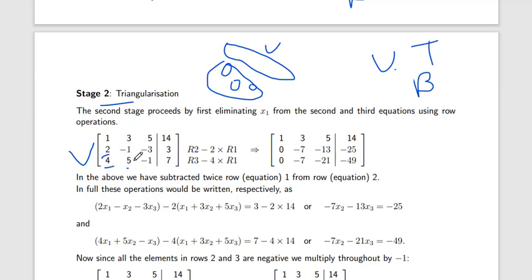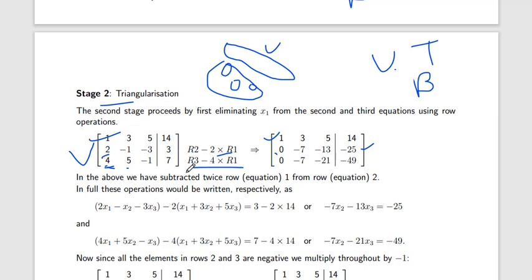How do we make 2 into 0? If we multiply the first row by 2 and subtract it from the second row, we will get 0 as the answer, but the first row will remain the same. Try not to change the first row. Here we have only changed the second row. Now to make this 4 into 0, we multiply the first row by 4 and subtract it from the third row.